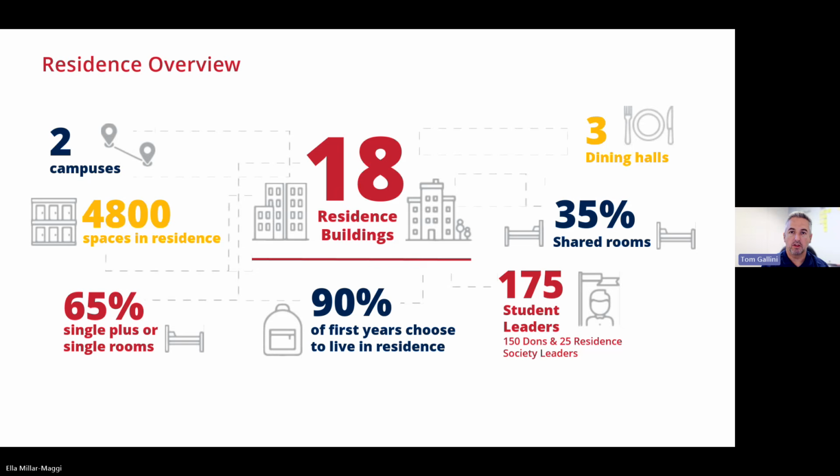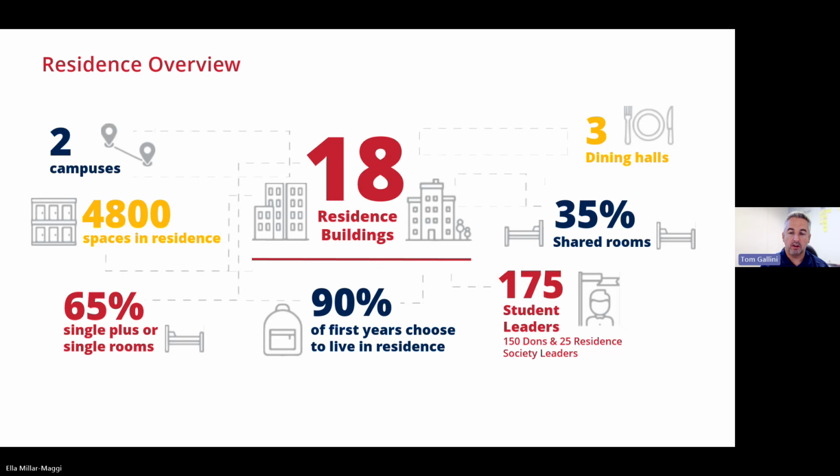Single rooms may have a variety of washroom styles. Single plus rooms are those where we have two single rooms sharing a washroom. Those 4,800 beds are split over 18 residence buildings, and they are split over two campuses as well. So we have two residence buildings out on West Campus, and we have 16 residence buildings here on main campus.